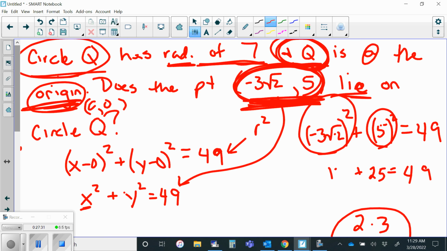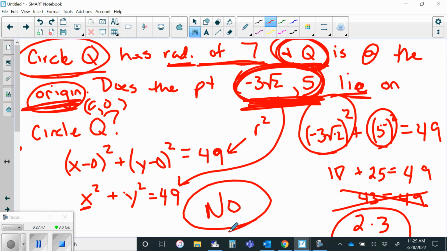And I get 18 plus 25. 18 plus 25 is 43. Does 43 equal 49? No. So what does that mean? No, this point does not lie on that circle. And there's my proof of why I know it doesn't. It's not a guess.